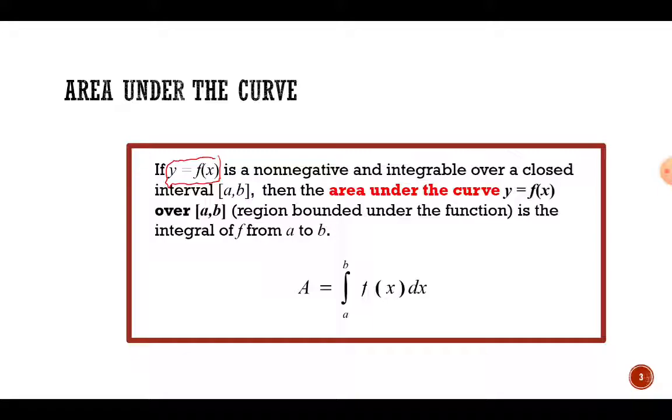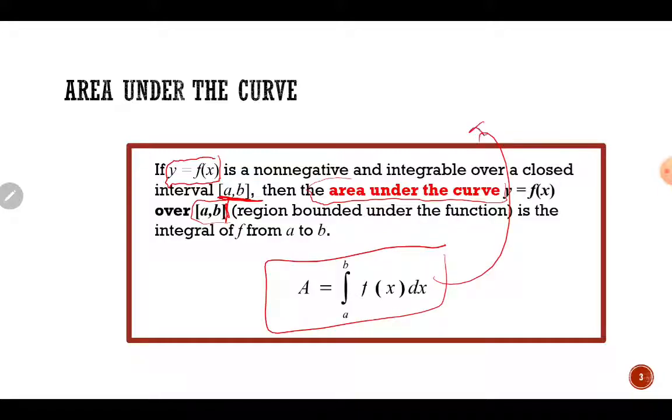So to make sure that area is always positive, you have to make sure the function is non-negative and integrable over a closed interval a to b. Then the area under the curve y equals to f(x) over the region a to b is the integral from a to b. Macam ni.